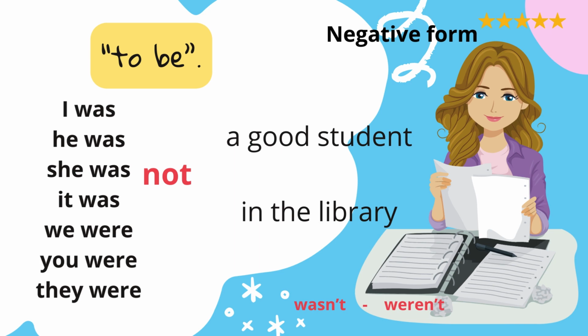And remember, in English, we can use contractions. So the contraction of the verb to be in the negative form, we can use wasn't instead of was not, or weren't instead of were not. Both ways are correct. Just remember, the full form is formal, and the contractions are used in informal language.